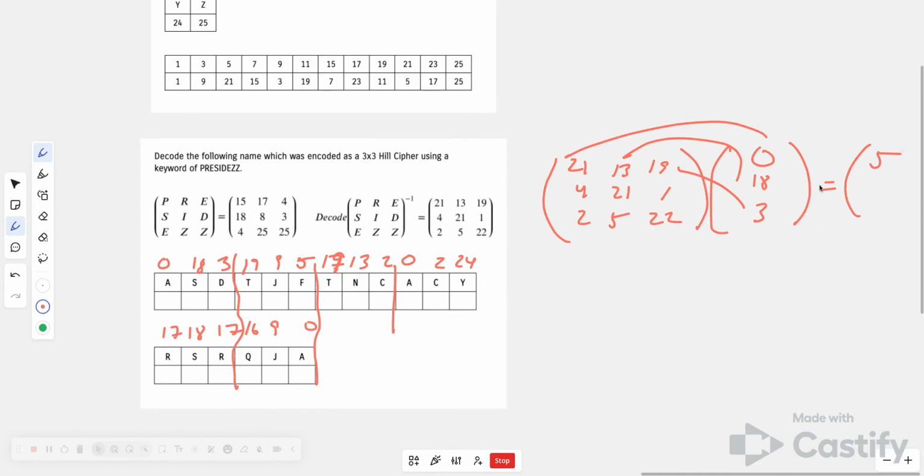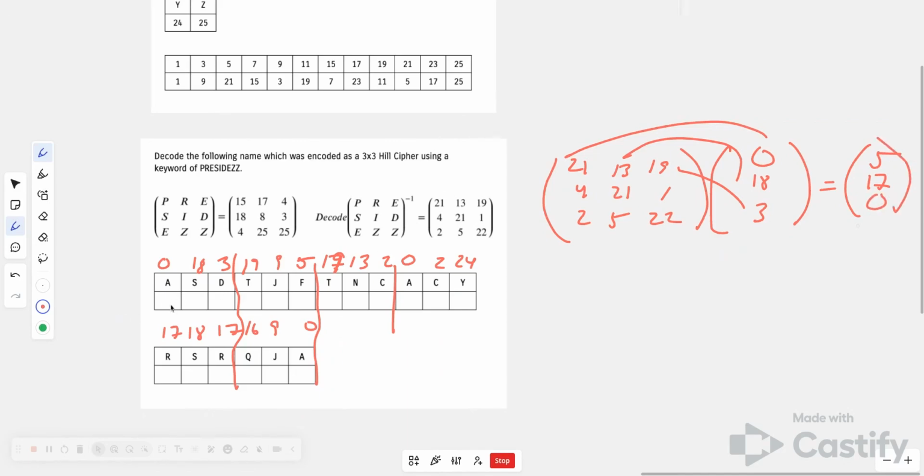And then we can try the second letter, which would be 21 times 18 plus 3, and that would be 17. And then for the last one, we could do 18 times 5 plus 22 times 3, which is 66, and that would give you a remainder of 0.